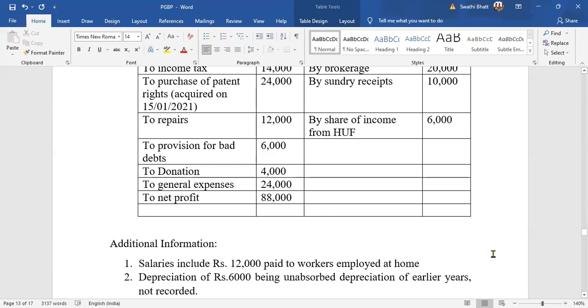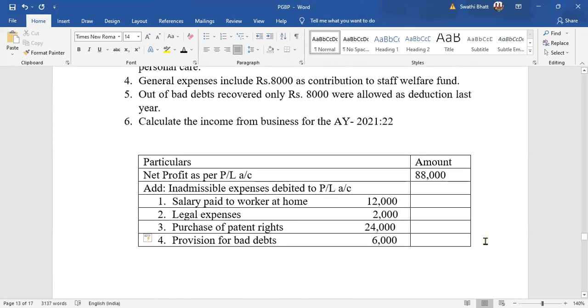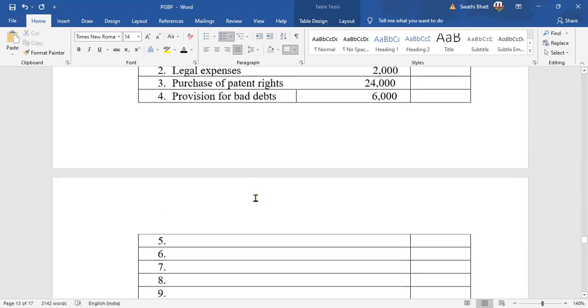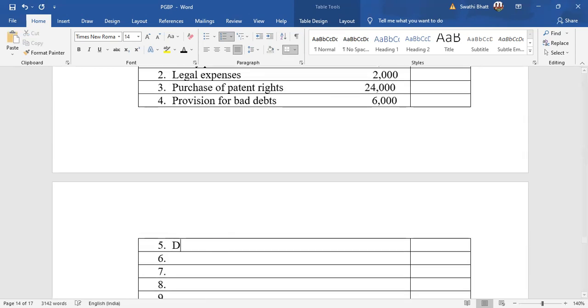But according to Income Tax Act, donation cannot be shown as expense or it is disallowed expense. So in this case, the donation is disallowed and hence you will be adding it back, and the amount of donation is 4,000 rupees.